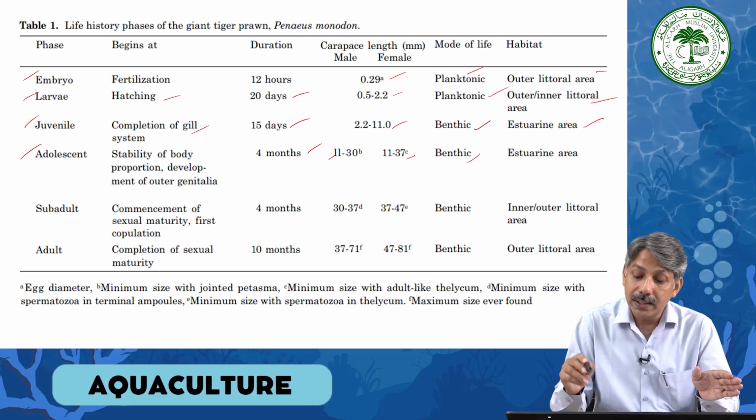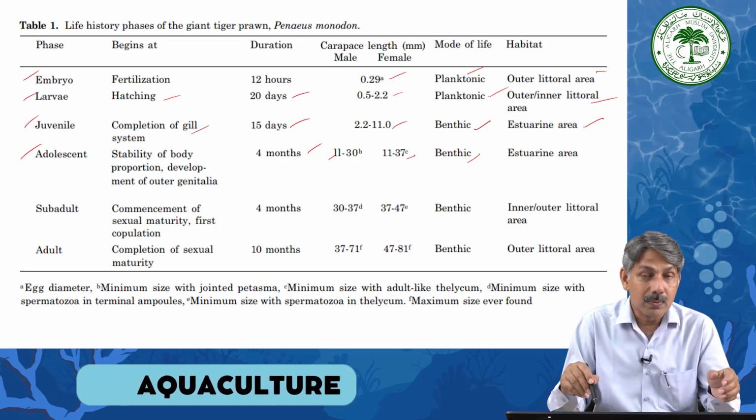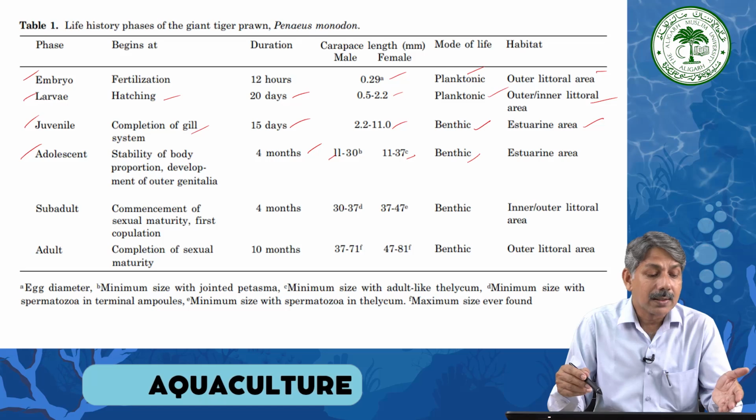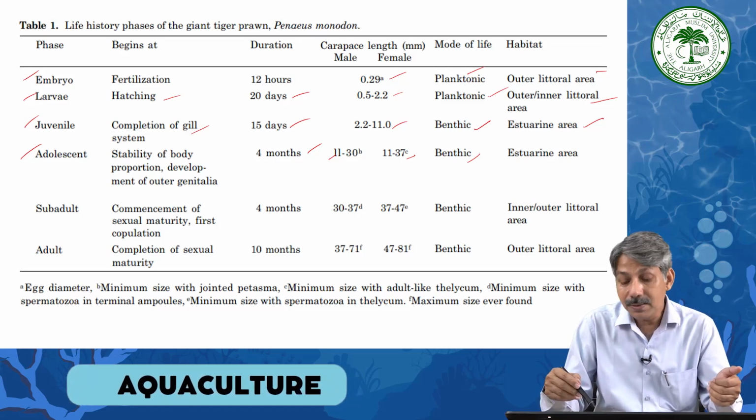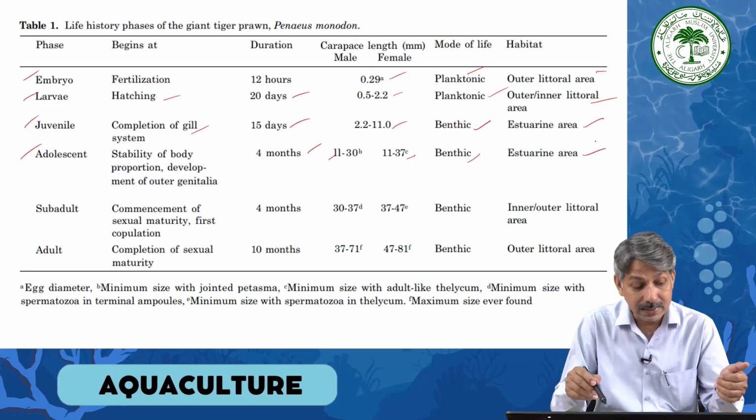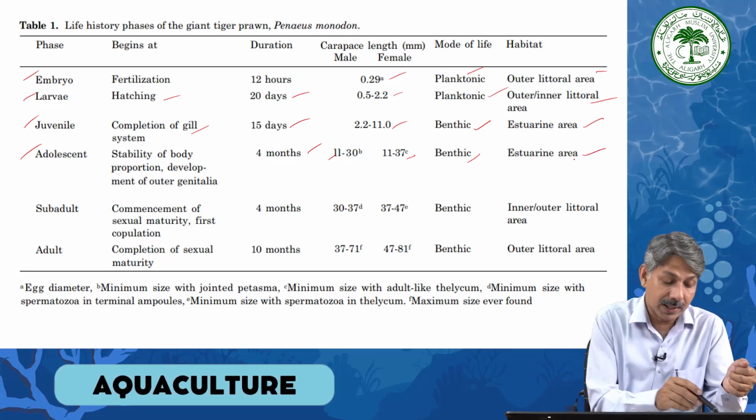So the only stages which were not benthic are embryo and larvae. After that, from juvenile onwards, all stages are benthic. Adolescent stage also occupies the estuarine area.